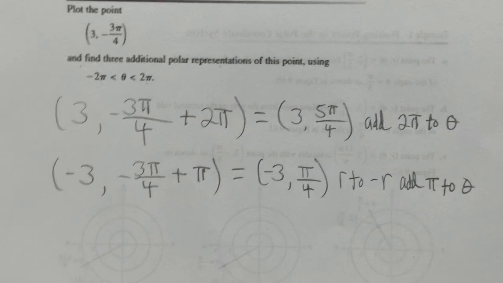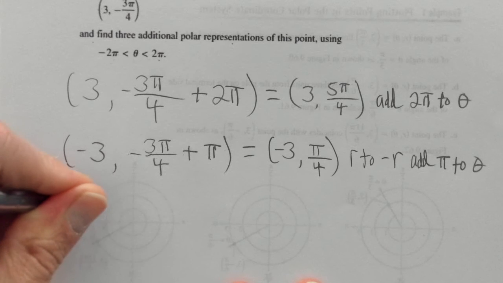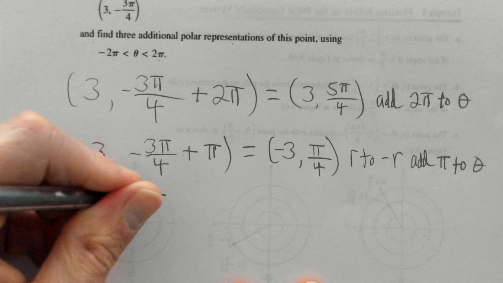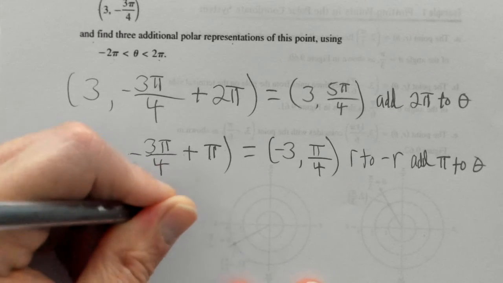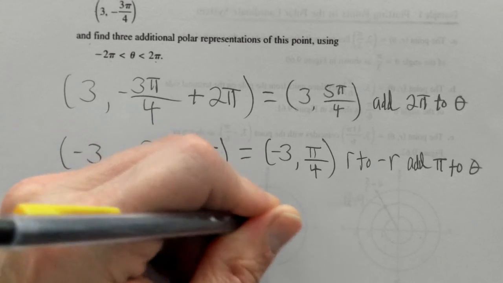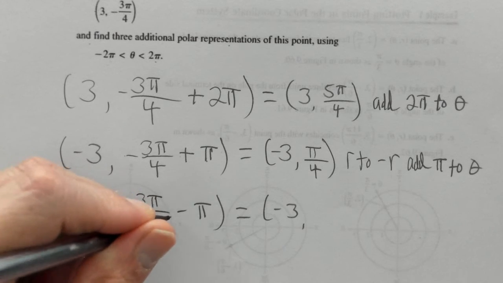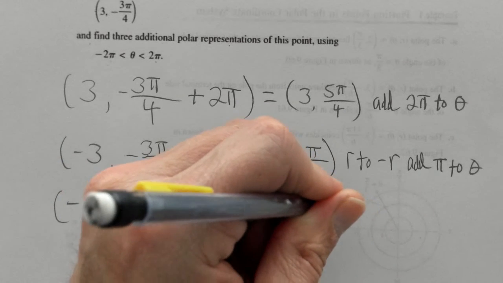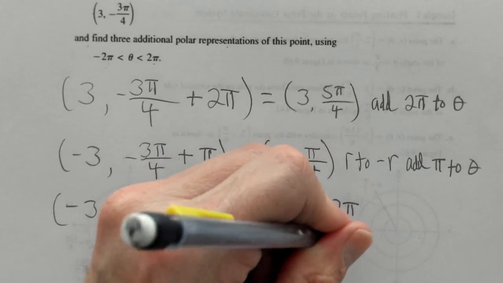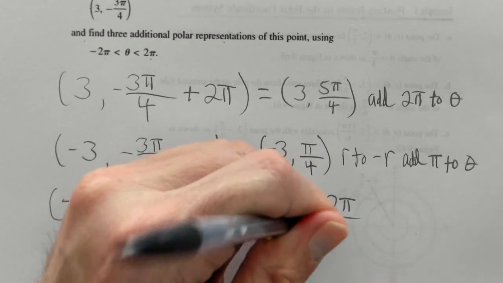And one more way to do it would be to change the sign of the r and subtract pi from the angle to get negative 3, and then negative 3 pi over 4 minus pi, when you make a common denominator and subtract it, that'd be negative 7 pi over 4.